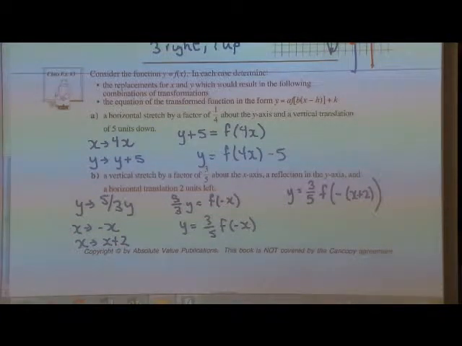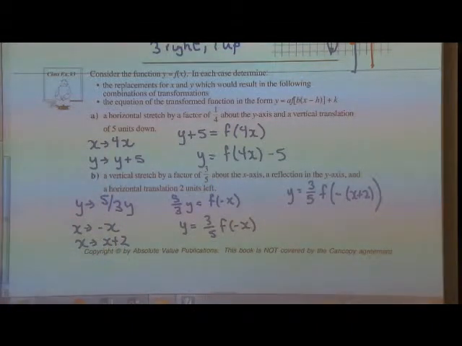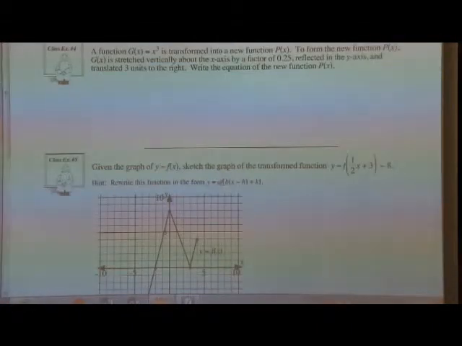Okay? We'll do class example number 4. That's when we'll finish. A function which is g of x, which is x cubed, is transformed into a new function p of x. To form this new function, we stretch it vertically about the x-axis by a factor of 0.25, reflect it in the y-axis and translate it 3 units to the right.